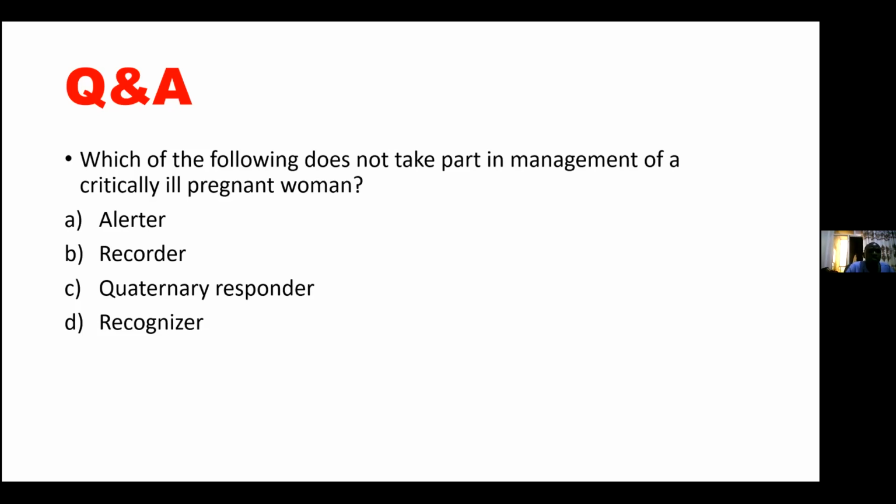Which of the following does not take part in the multidisciplinary team when resuscitating a critically ill pregnant woman? That's good. Narrator, quaternary responder, recorder. Okay.